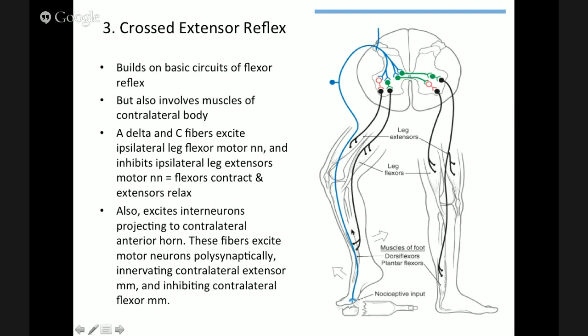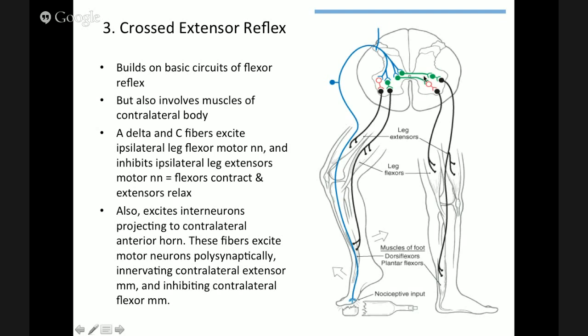You can see the pain fibers here carrying the information into the spinal cord. This is the piece that we saw in the previous slide, where you're activating the flexors, inhibiting the extensors. There's also transmission of this information across the midline through excitatory interneurons, which cross the midline and then interact with interneurons on the opposite side.